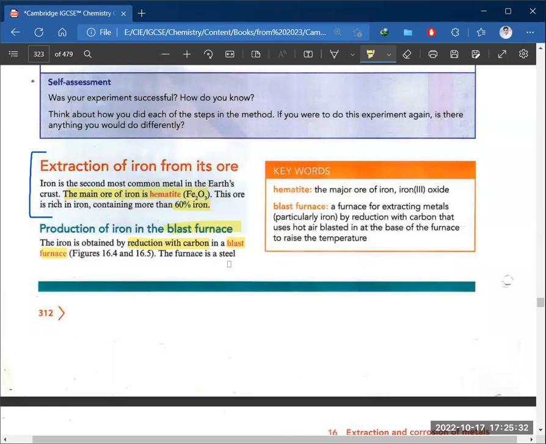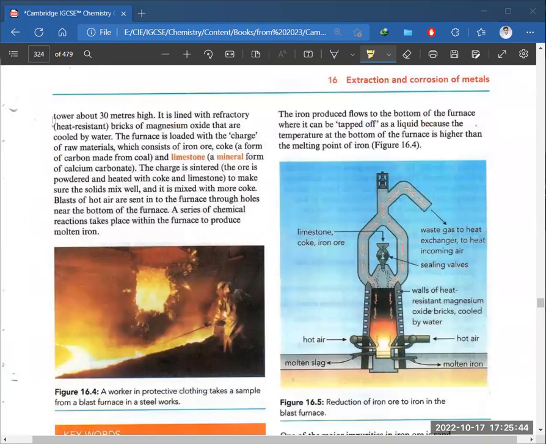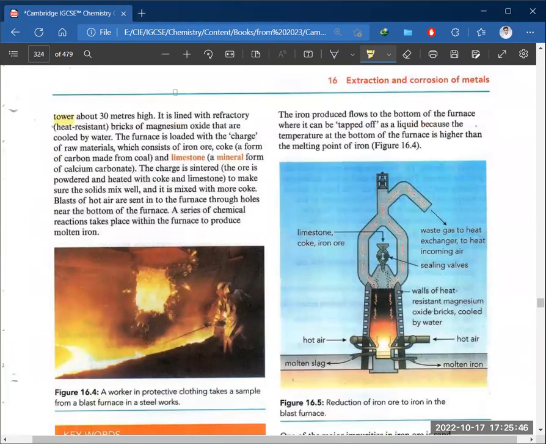The furnace is a steel tower about 30 meters high. It is lined with refractory heat-resistant bricks of magnesium oxide that are cooled by water.